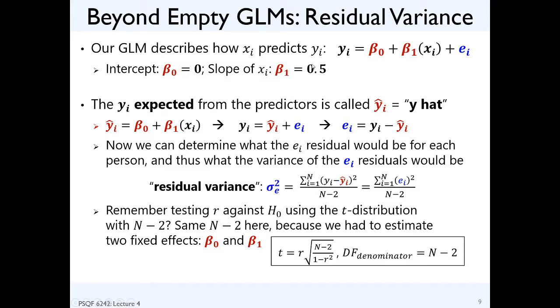So that's the expected Y when X is 0. From there, the slope of X is 0.5. So for every unit higher X, Y is predicted to go up by 0.5.